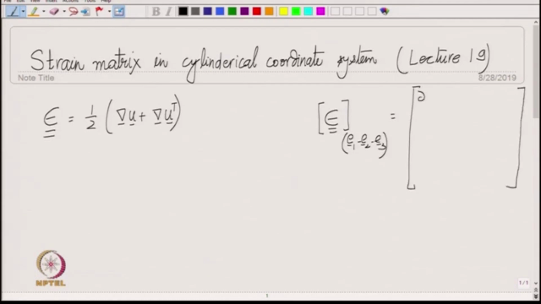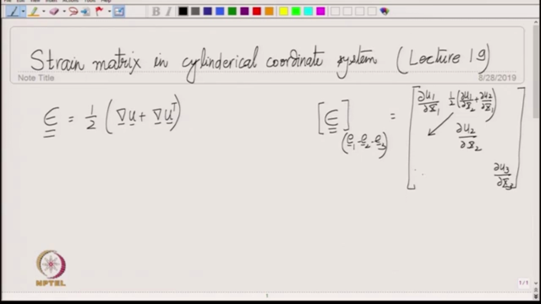So, this was del u1 by del x1, del u2 by del x2, del u3 by del x3, and then in the off diagonal we had half of del u1 by del x2 plus del u2 by del x1, and then it is symmetric.